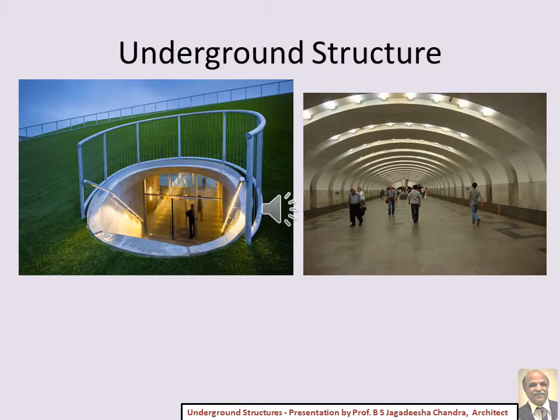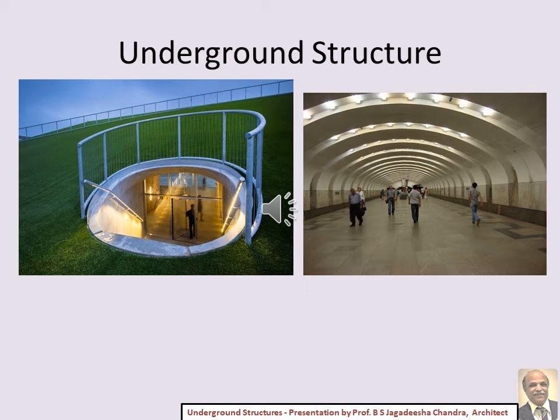In this slide you will see the first slide. It shows an entrance to an underground structure. Normally the entrance will be from the surface. Here you can see on a sloping surface the entrance, and then a few steps leading to the basement or underground structure. This is a common phenomenon in most underground structures.